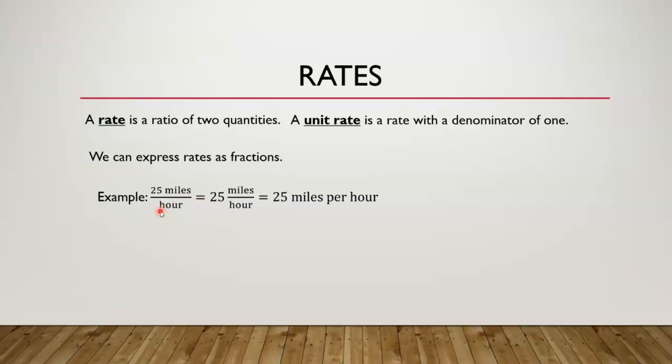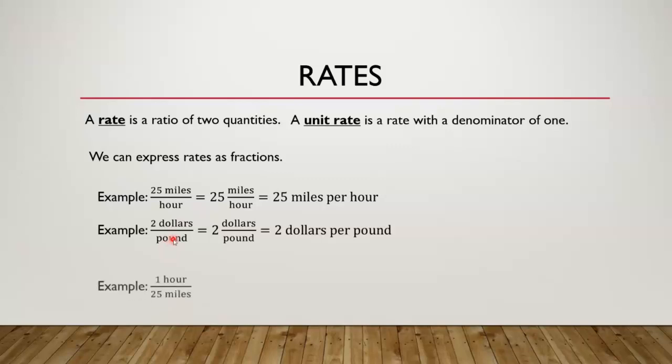Here's another example. If you're in a store buying something, the cost might be $2 per pound. It's the same idea: for every pound of fruit, it's going to cost you $2. And you can invert a rate, that is, flip it.